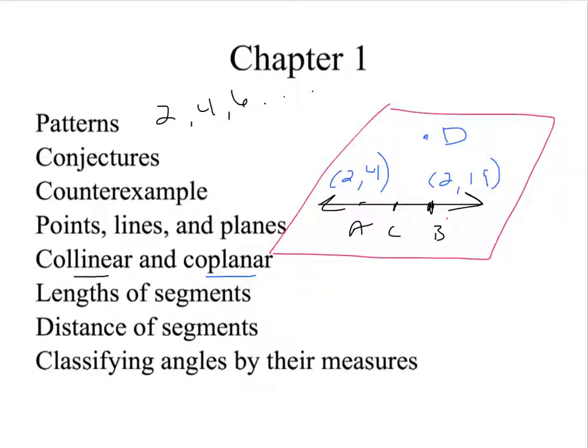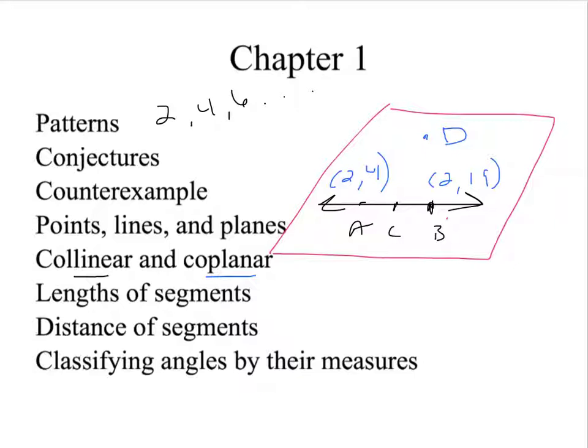And the length of that entire segment, the distance between A and C, C and B, and A and B? We're going to cover that in just a little bit. And then, of course, classifying an angle by its measure. If you look at that angle measure, can you tell if it's acute, obtuse, straight, or right? So don't forget about classifying angles.